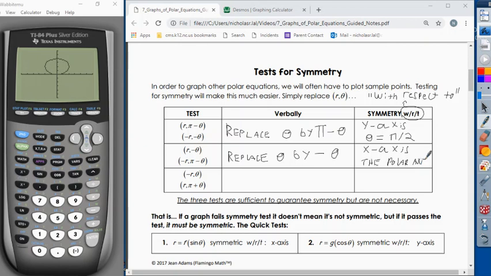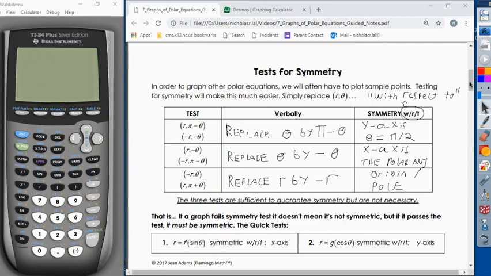And when you have (negative r, theta) and (r, pi plus theta), you can replace r by negative r. So then you have symmetry across the origin, also called the pole.